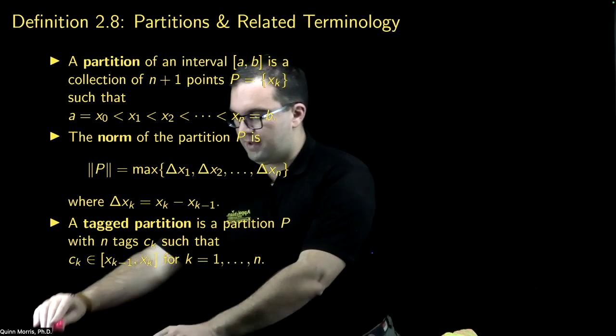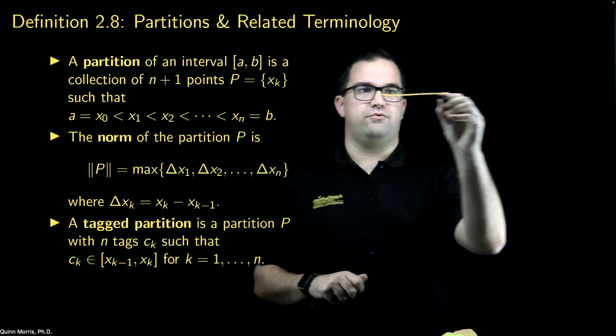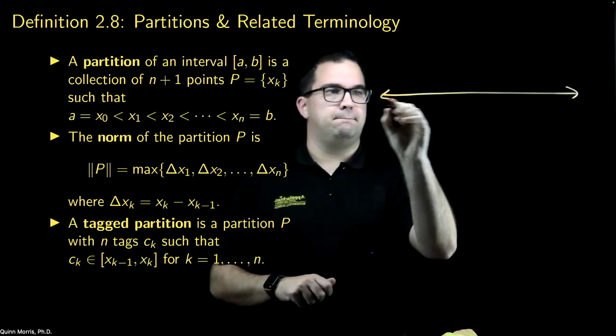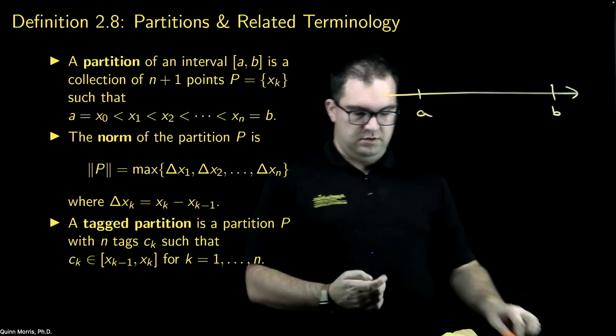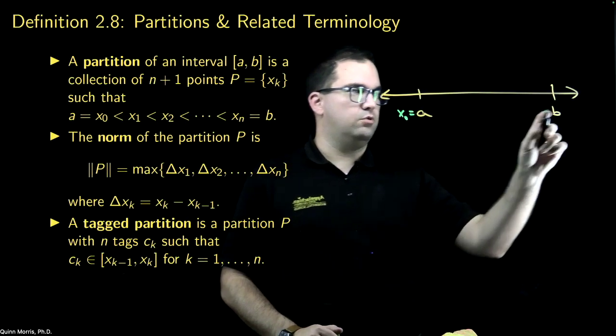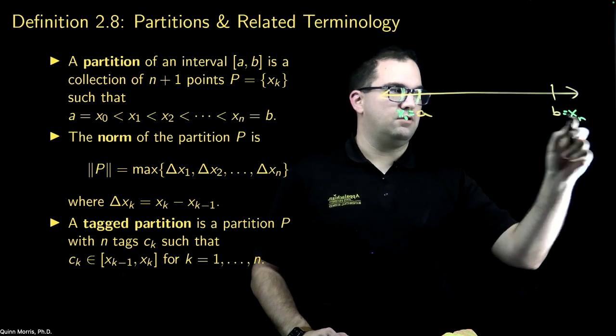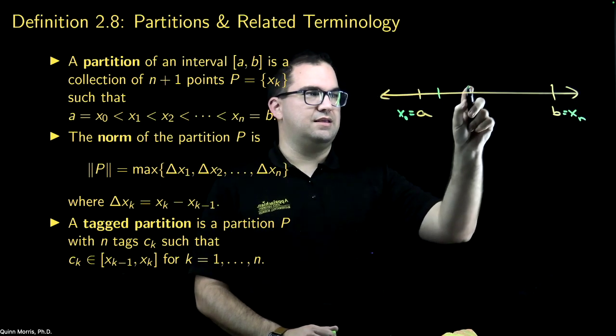So if we just think about this visually, we have an interval AB, and we're going to create a partition. The first point in our partition, x0, will just be our A. Our last point, xn, will be B. And then we will just take these points.